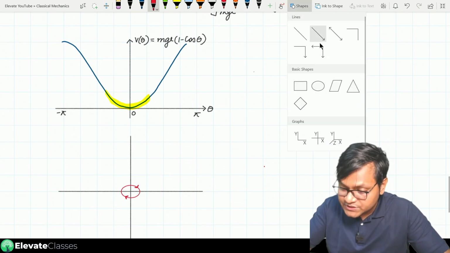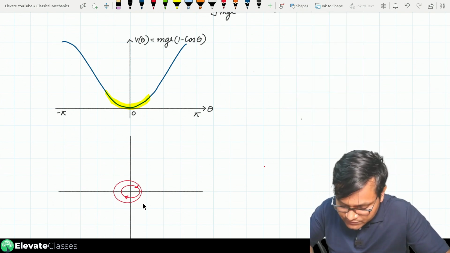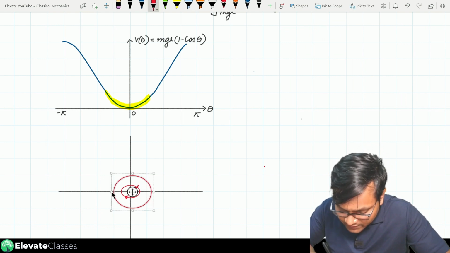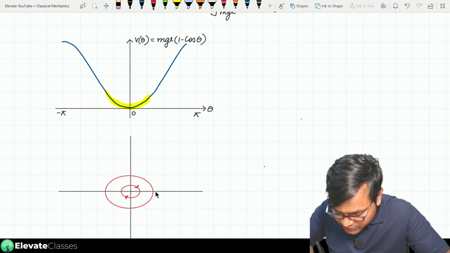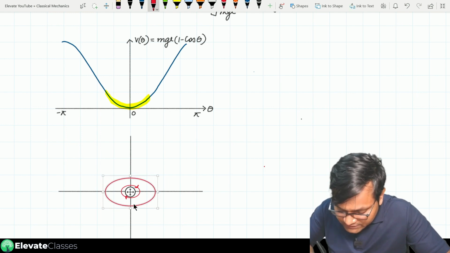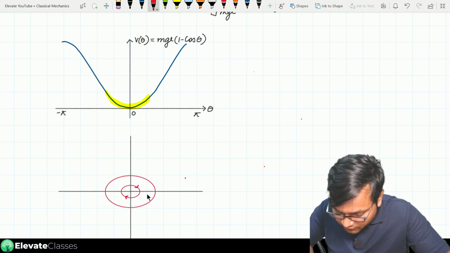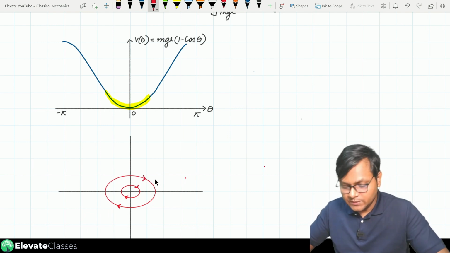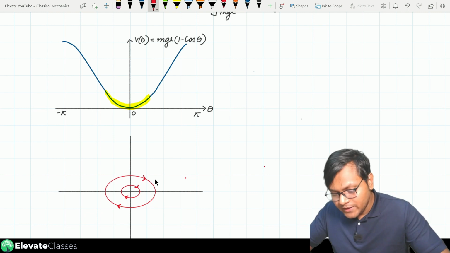You'll have more ellipses, further ellipses. As long as small approximation is valid, small displacement approximation is valid, we will keep on getting something similar to ellipses. But as we go beyond small angle approximations, वहाँ पे थोड़ा सा जो है it will start deviating from ellipses. It will start deviating from ellipses. So how will it deviate from an ellipse?